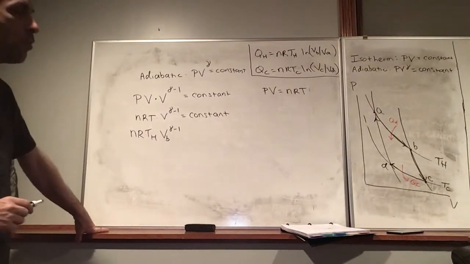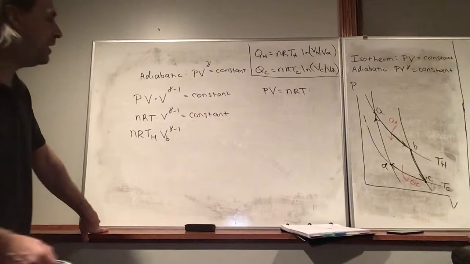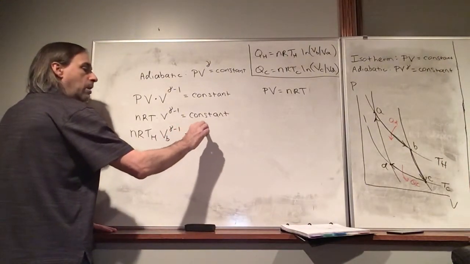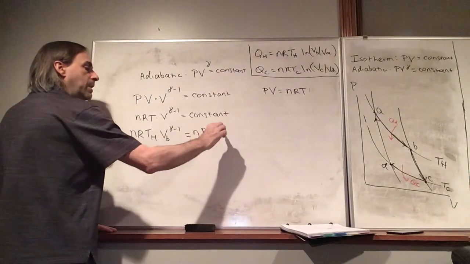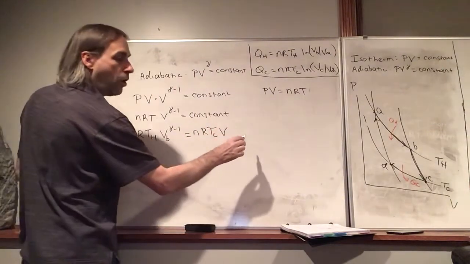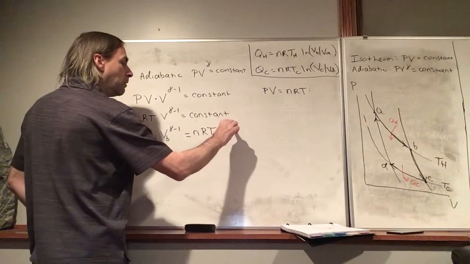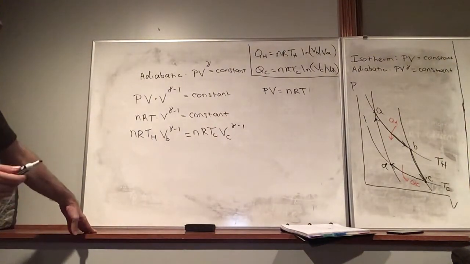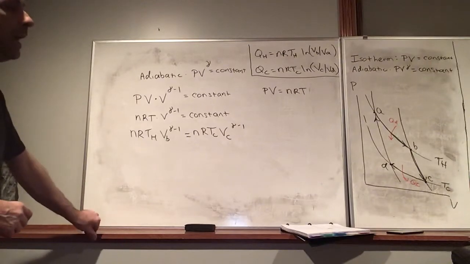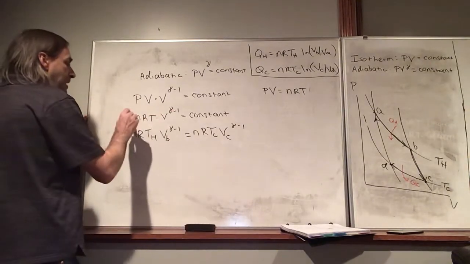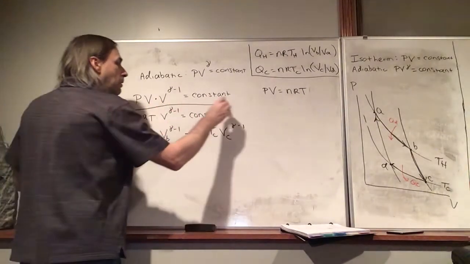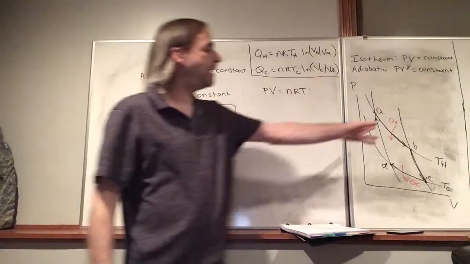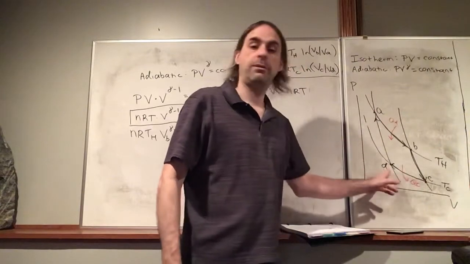So that's looking at point B. And then at point C, we're at the same constant, so we can say that's nR. Now we're at a temperature TC, and this would be volume C to the gamma minus 1. Okay. And again, this is the basic equation that applies to every point on these adiabatic curves.